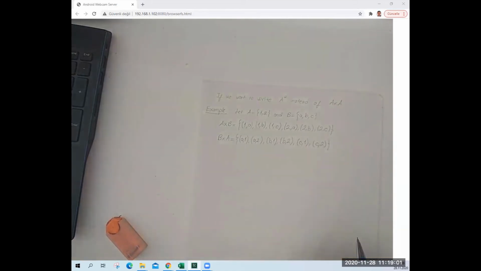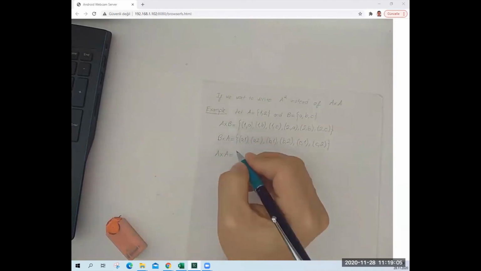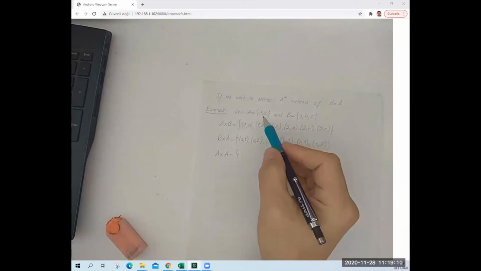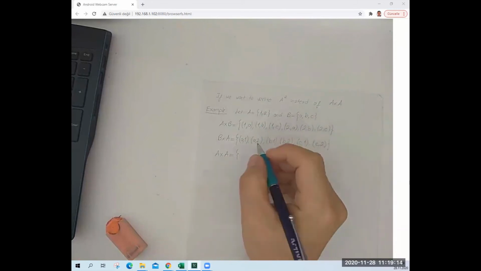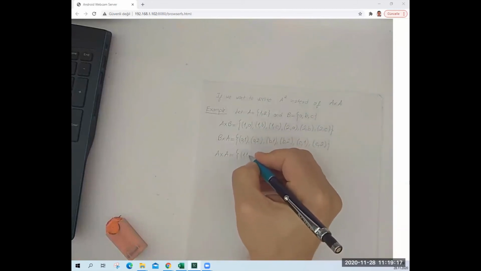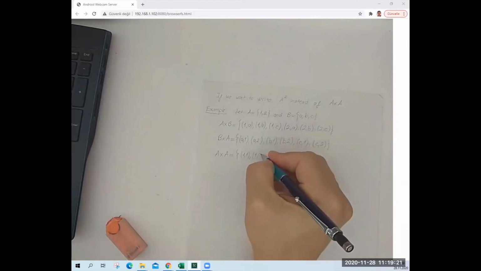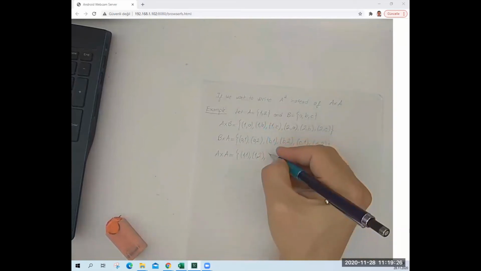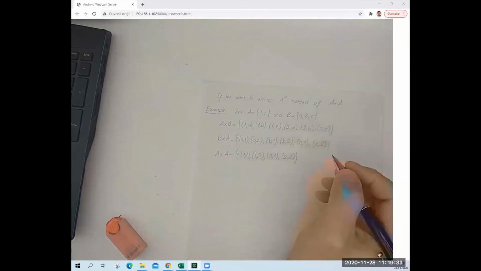If we want, we can write A cross A as product pairs. I will write 1 to 1 as the first pair, 1 to 2, and then 2 goes to 1, and 2 goes to 2.